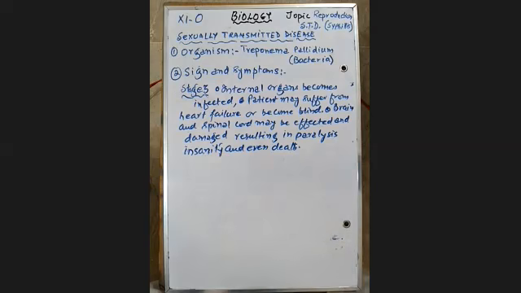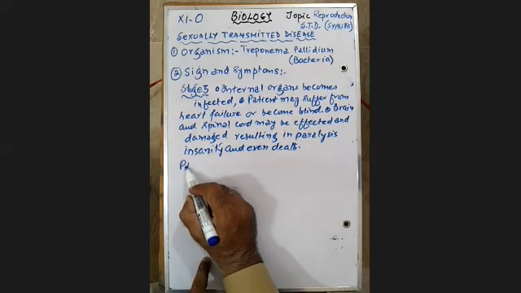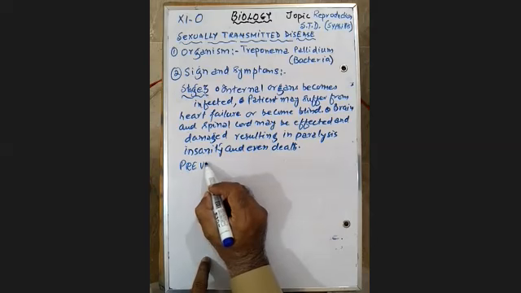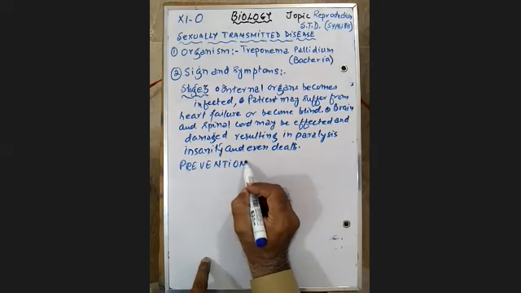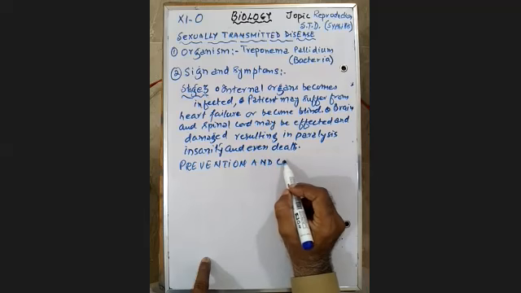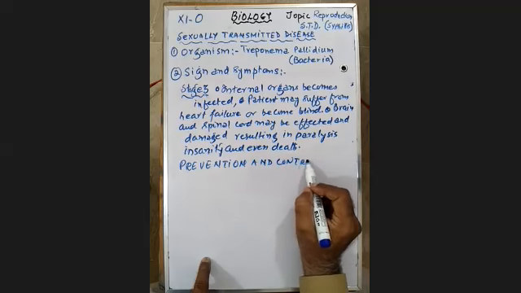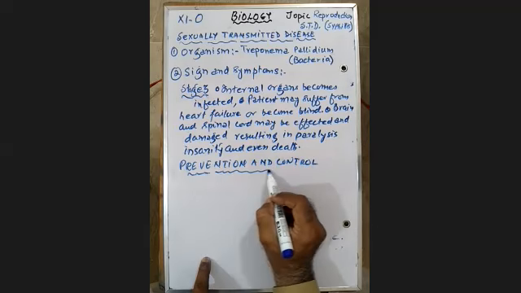Now, another important thing is prevention and control. What are the prevention and control of the disease? I'll write down the points.